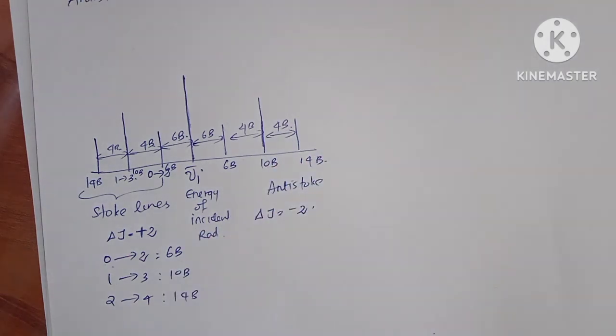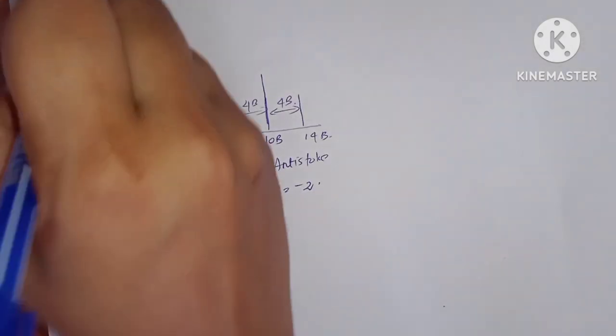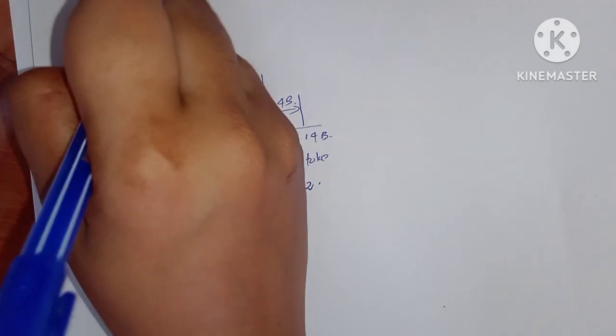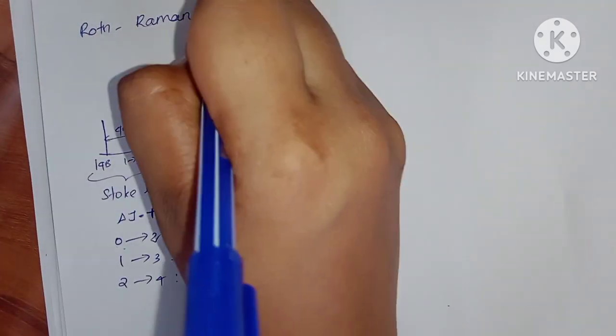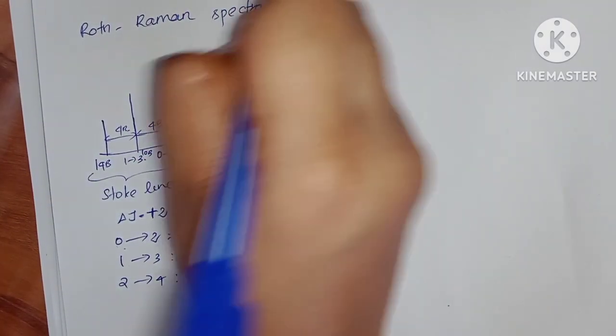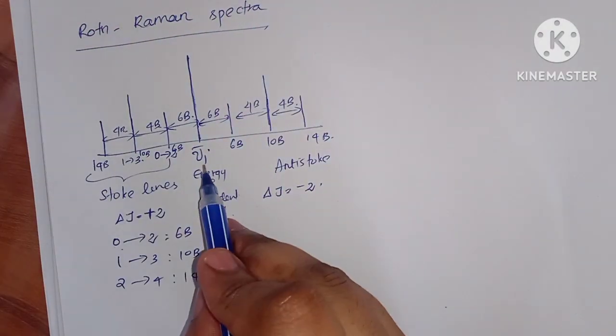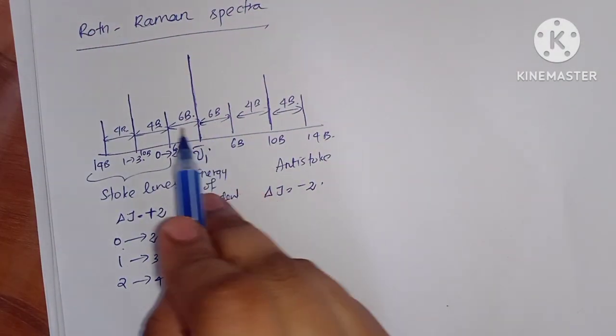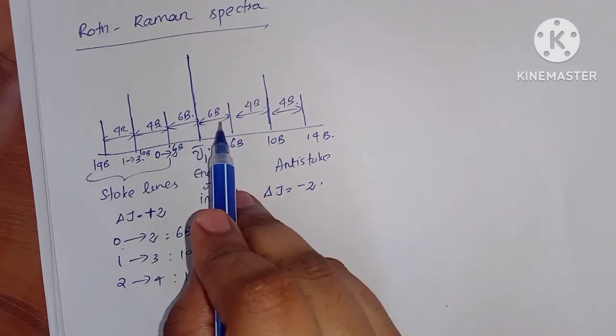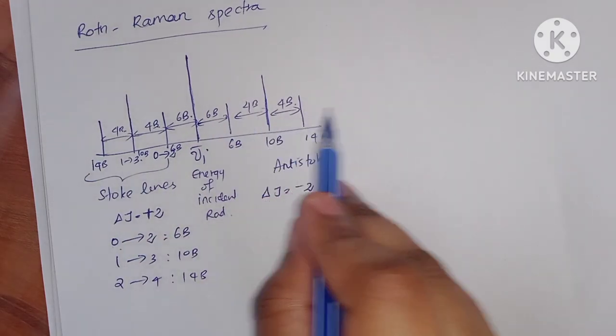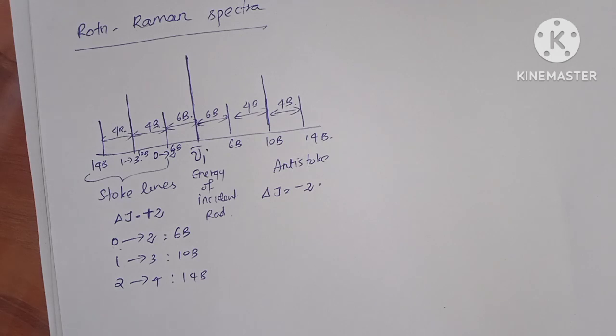So this is how a rotational Raman spectrum looks. Mu bar I is the initial radiation, B is the rotational constant, 6B is the gap between the first lines, and 4B is the gap between the other lines.